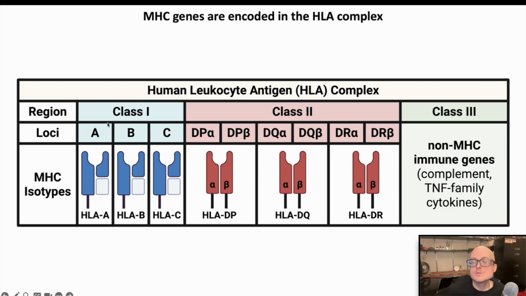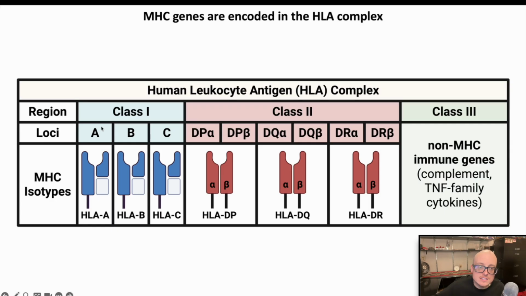Let's focus on the class 1 region first. I said that MHC genes are polygenic, and here we can see that play out. Within the class 1 region, we see that for MHC class 1, we encode 3 distinct genetic isotypes, meaning that there are 3 genes for MHC class 1, which are designated A, B, and C. The full gene names then are HLA-A, HLA-B, and HLA-C.